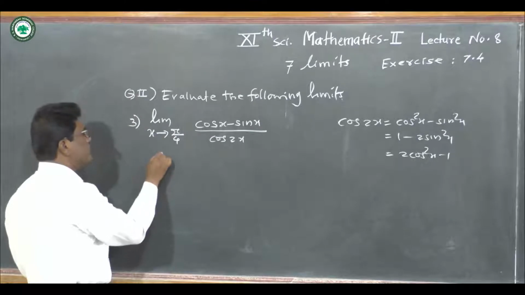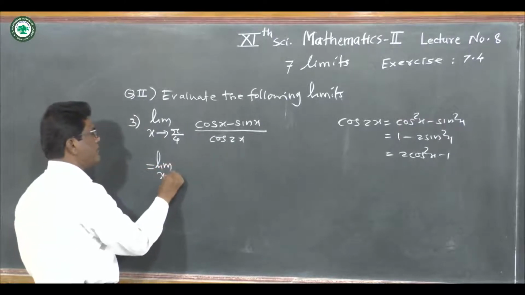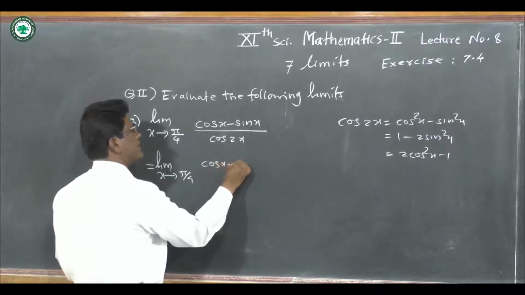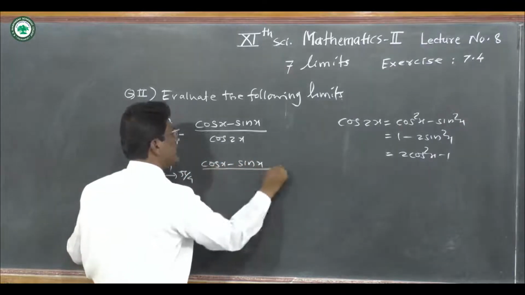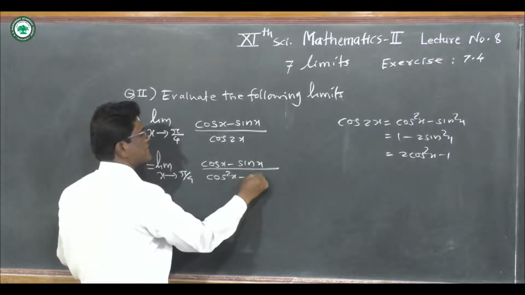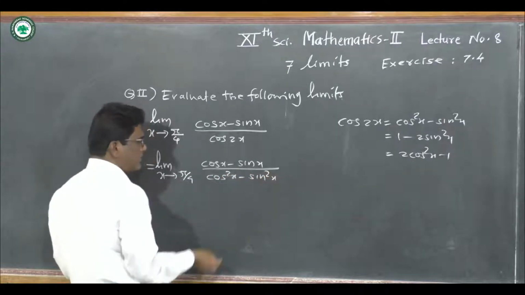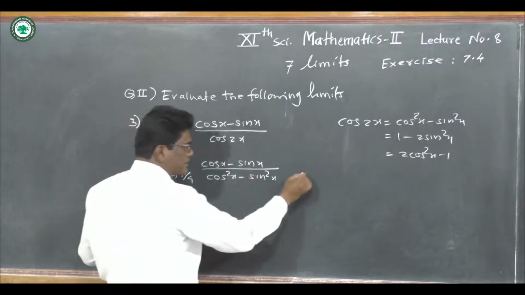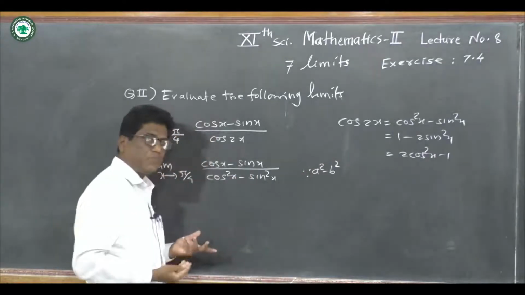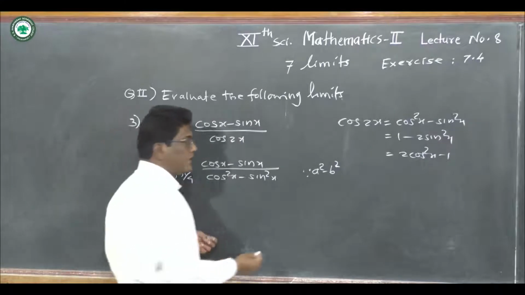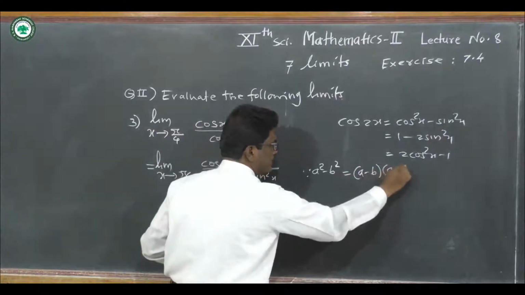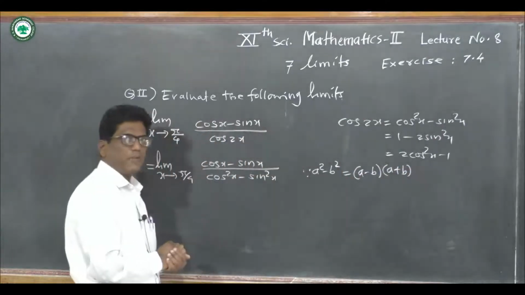So it is equal to limit as x tends to pi by 4, numerator as it is, cos x minus sin x, and in the denominator cos square x minus sin square x. Now here it is a square minus b square, so use the formula: in the first bracket there is subtraction, in the other bracket addition, a minus b into a plus b.